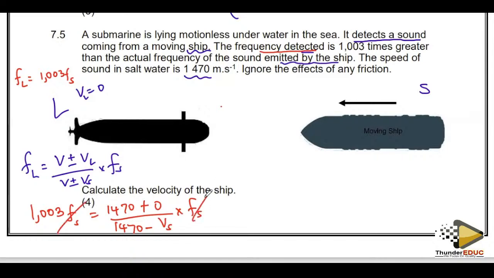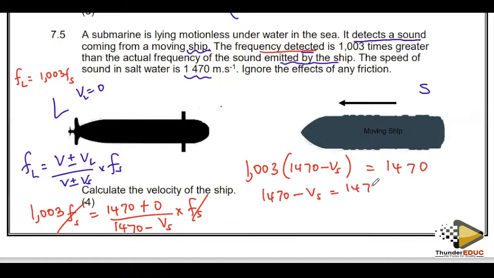This fS cancels that fS. I'll do my cross multiplication: 1,003 times (1470 minus vS) is equal to 1470. Divide both sides by 1,003. So when I divide, I'm going to get 1465.60.